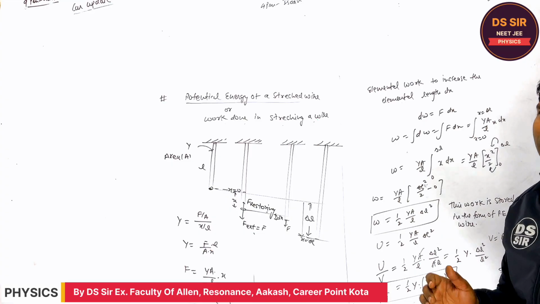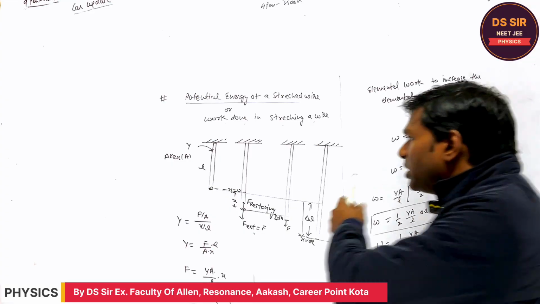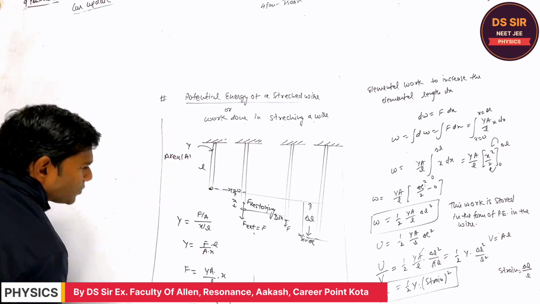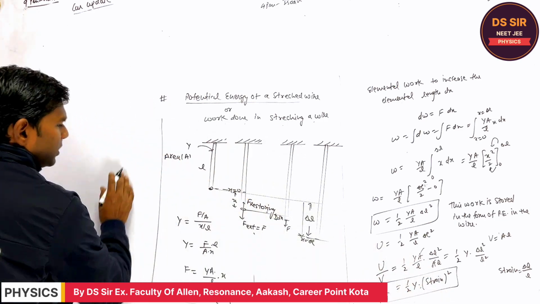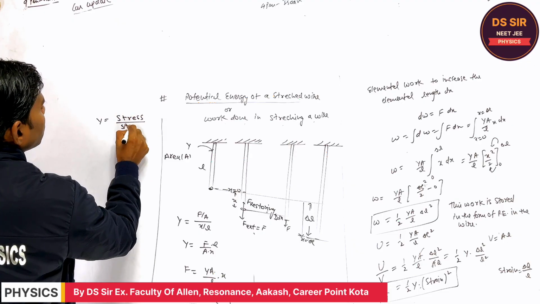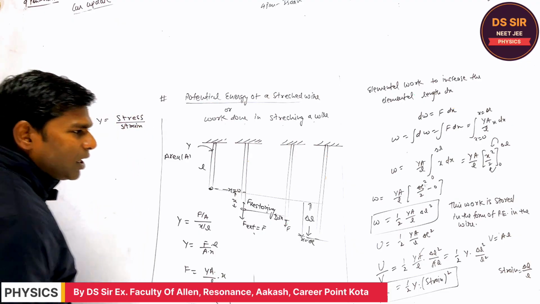The another way to write this, because the Young modulus is defined as, I'm writing this side, you can copy after this. The Young modulus is nothing but stress upon strain. All right.